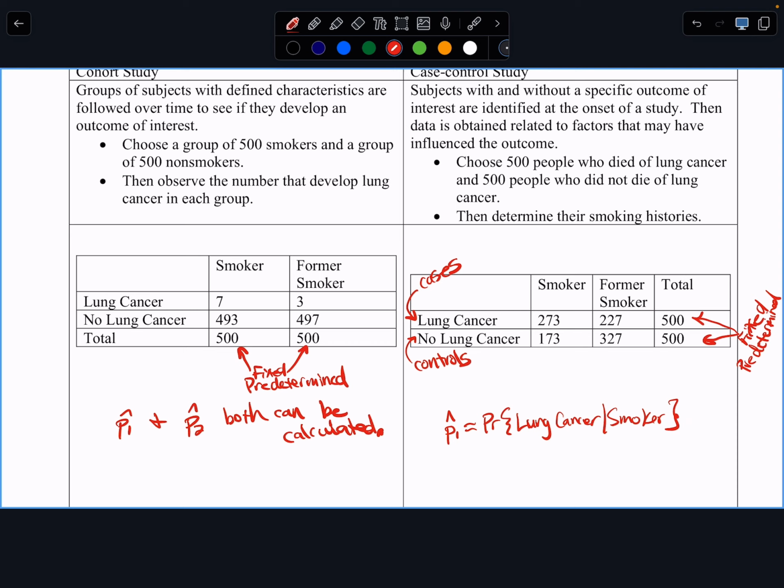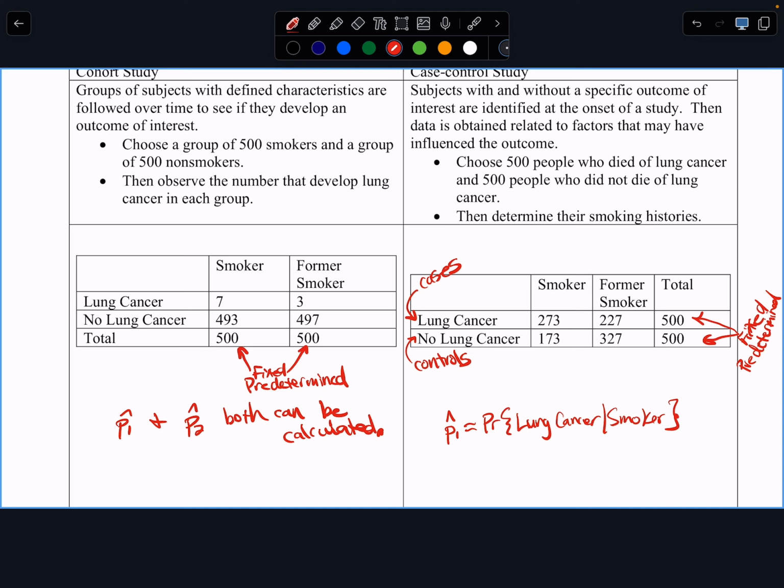And the reason for that is, anytime we have proportions that we're calculating, that numerator needs to be free to be estimated, right? And what we did at the beginning of our study is we set the number of people who died from lung cancer at 500.